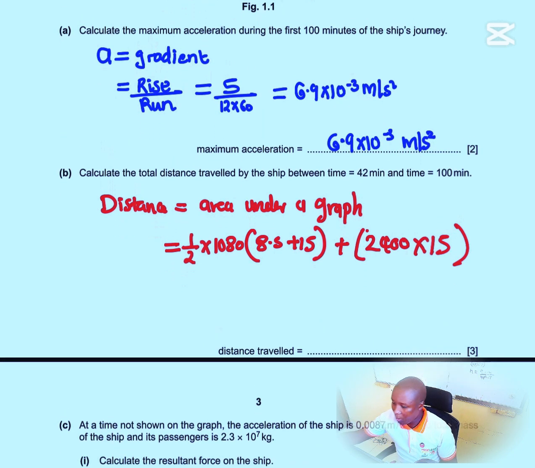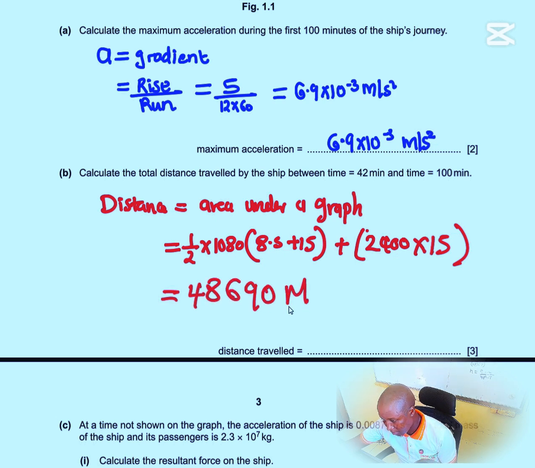So if I work out the total distance traveled, this is going to be 0.5 times 1080 into brackets 8.5 plus 15, then plus bracket 200 times 15, and the total answer becomes 48,690.